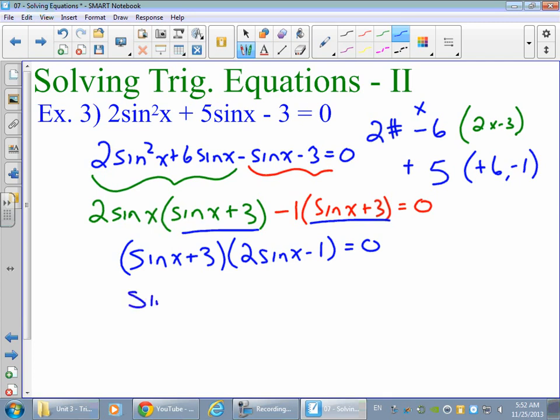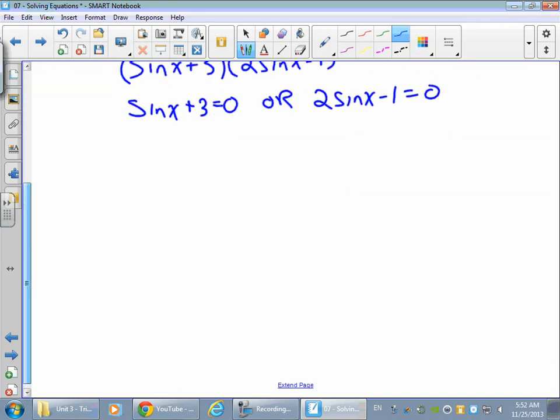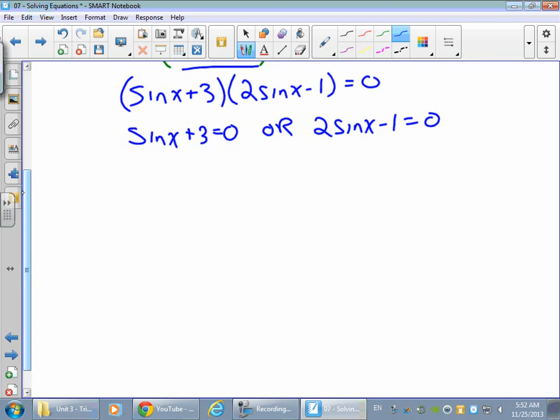And so sine x plus 3 could be 0, or 2 sine x minus 1 could be 0. In this case, we would have sine x equal to -3. And over here, sine x, add the 1 across, divide by 2.